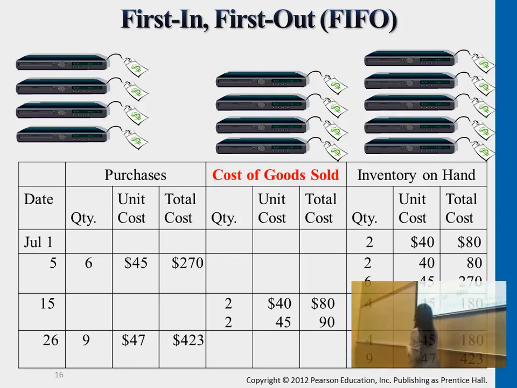Anybody got the answer? Cost of goods sold is 170, and then if you add the right-hand side inventory on hand, what will be the total dollar amount?